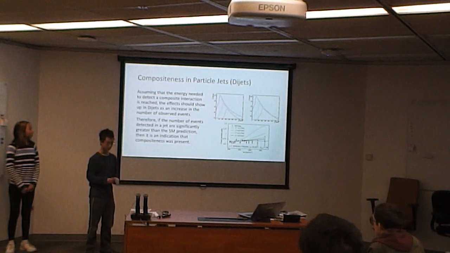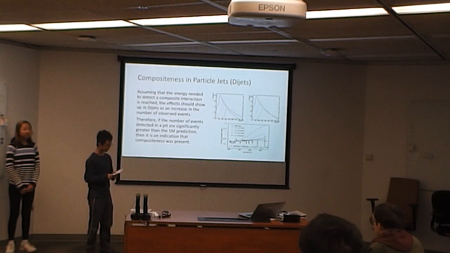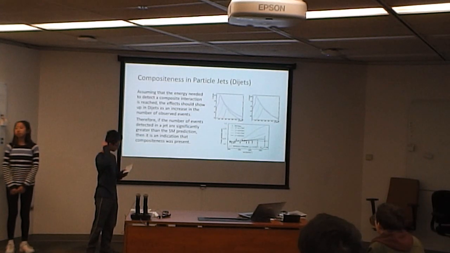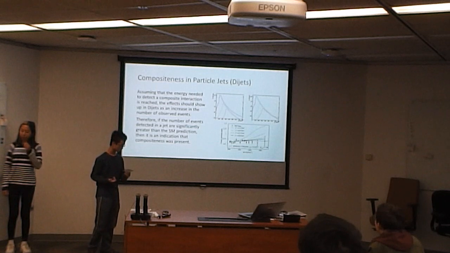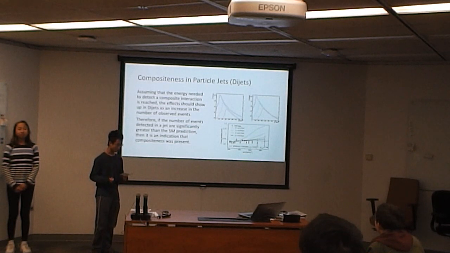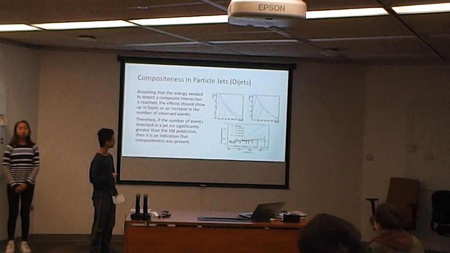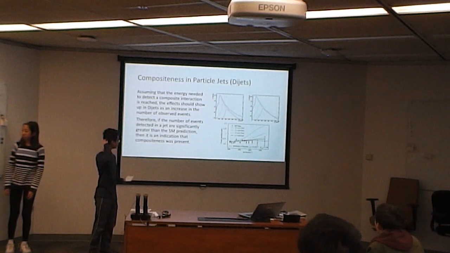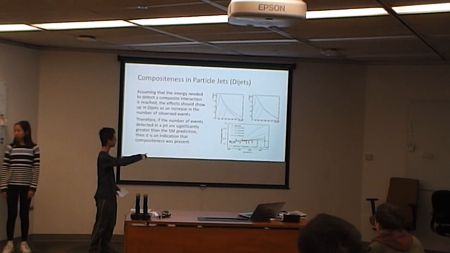I have two graphs. The first one is a dijet spectrum generated in Pythia with the quark compositeness turned on at lambda equals 3 TeV, and that's the top figure.